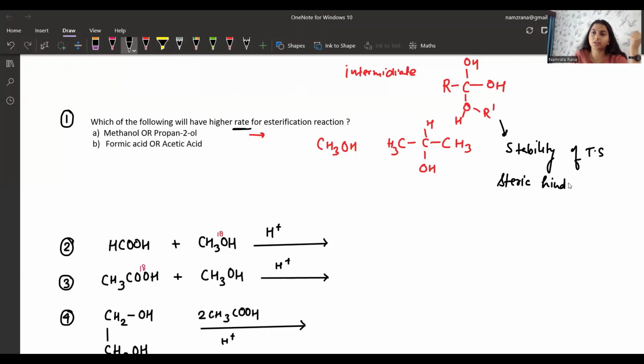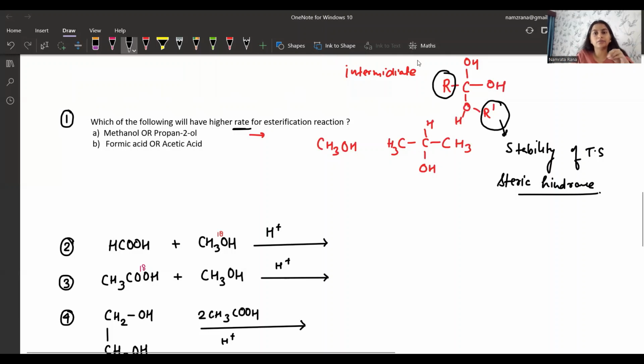Steric hindrance is actually the crowd. If these two R groups are bigger in size, there would be so much crowding, and it would not be a stable transition intermediate. The transition state would not be stable if the R groups are bigger in size. So for any reaction to be fast, you need to see the stability of the transition state, and that indirectly depends upon steric hindrance.